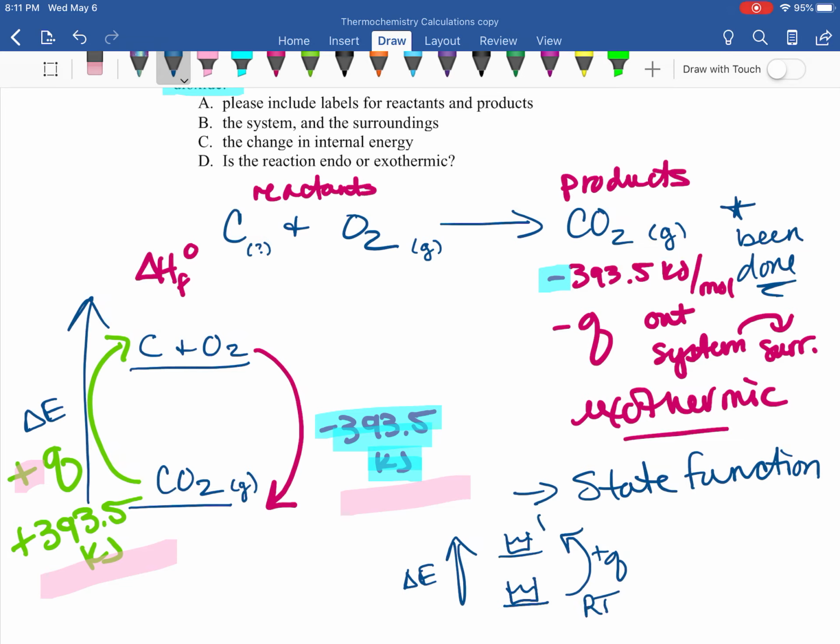So we went from room temperature to boil. Okay, and then we let it sit. And of course, we could cool back to room temperature. And wouldn't that heat flow just be the same, but opposite? Yeah. Okay, that's what we're learning. So this would be our endothermic. This would be our exothermic.